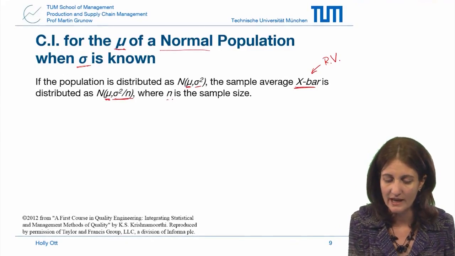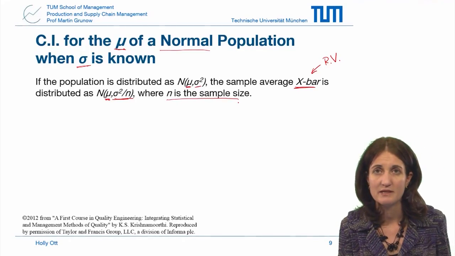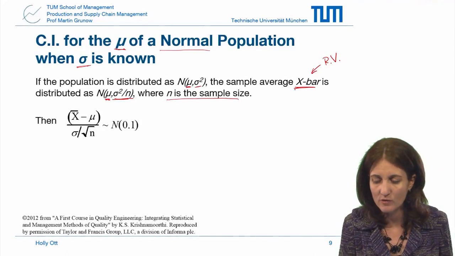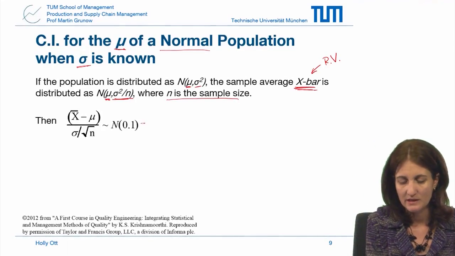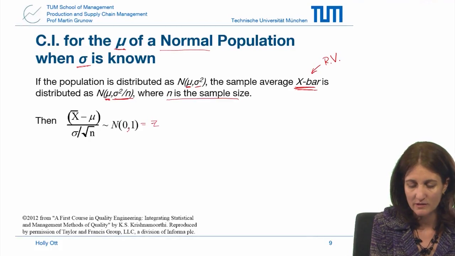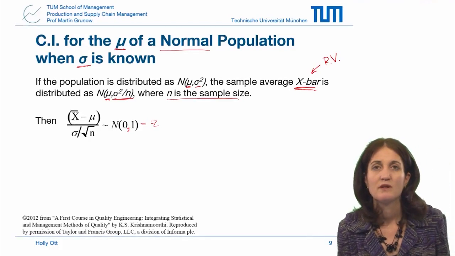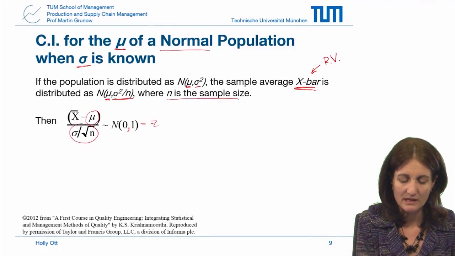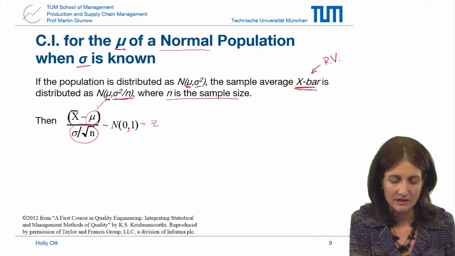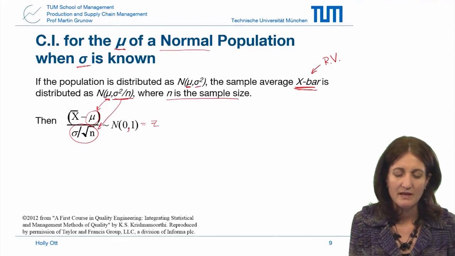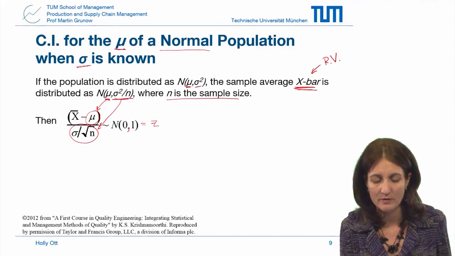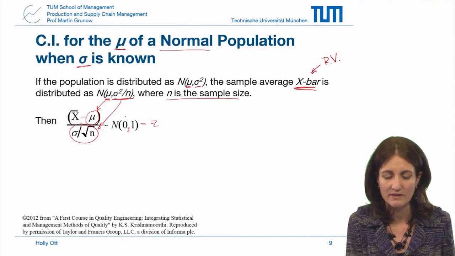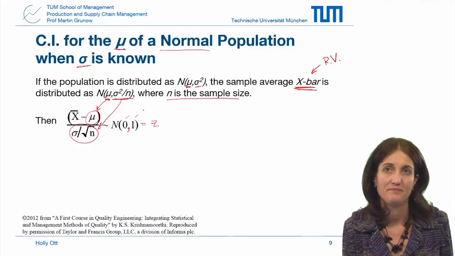And don't forget here, of course, n is the sample size. Now, we learned also that we can transform our random variable into a z variable by subtracting its mean and dividing by its standard deviation. And this transformed variable will be centered about 0, with a mean of 0 and a standard deviation of 1.